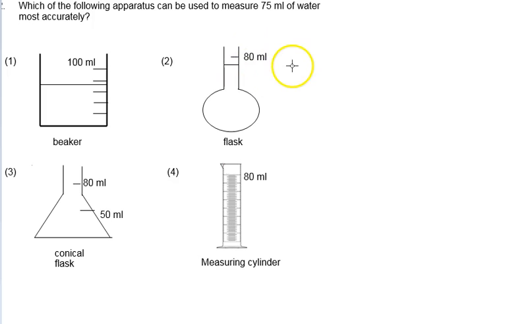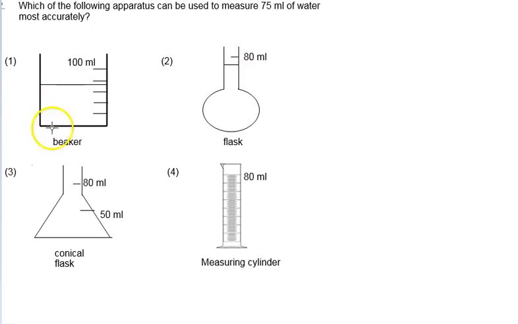We look at the next item. Here it is 80 ml. There are no other lines, just one level to indicate 80 ml. Now if you were to guess where 75 ml is, of course you would guess that it is below 80 ml. But how much lower than that line, again, we can't really tell. Because there's only one line, we don't even know where 40 is, because the shape of the flask is not equal.